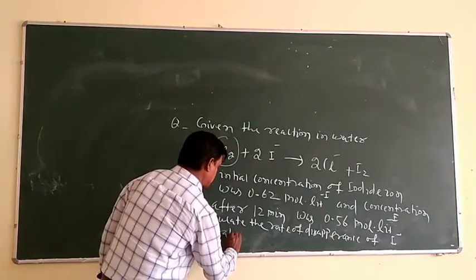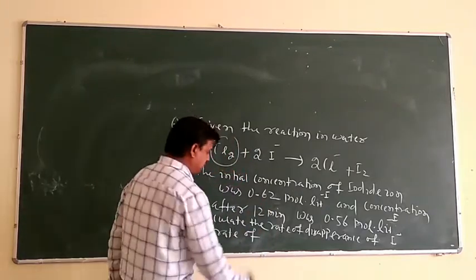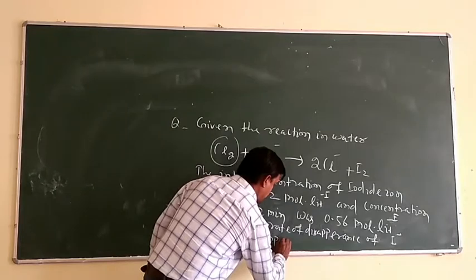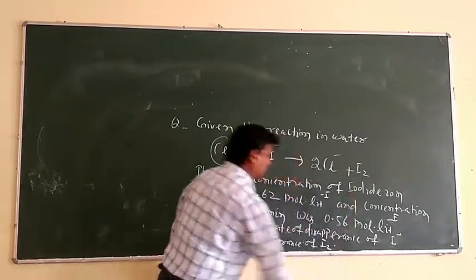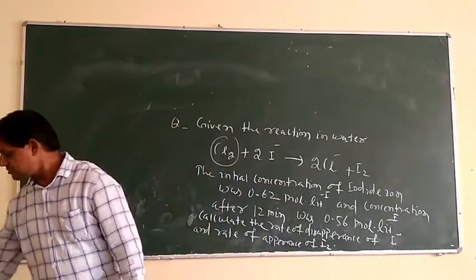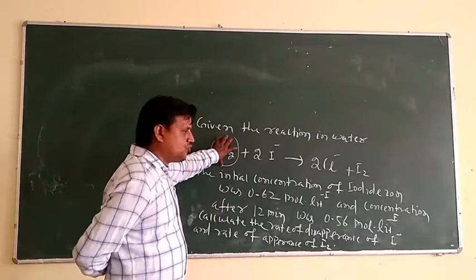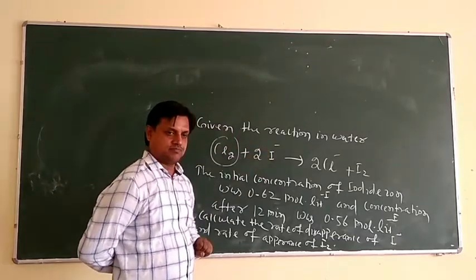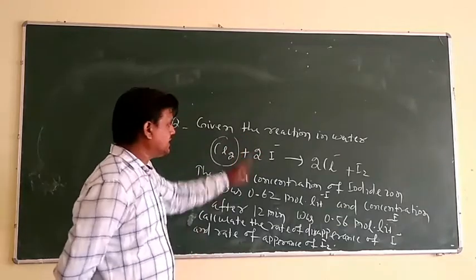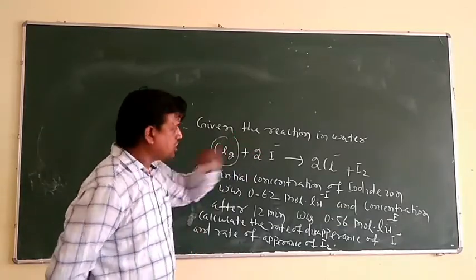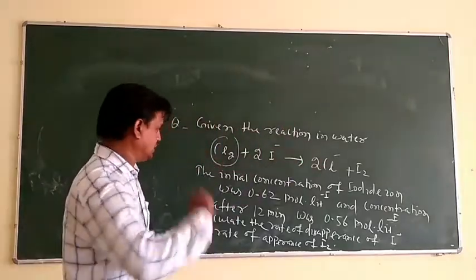So the question is given Cl2 plus 2I minus. The reactants are Cl2 and I minus, so our products are 2Cl minus plus I2. This is the question.